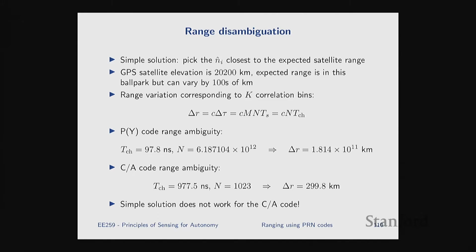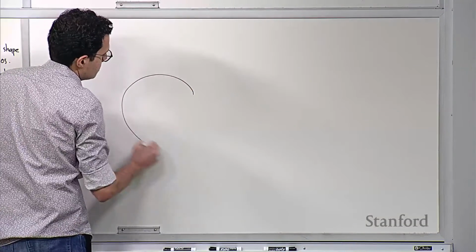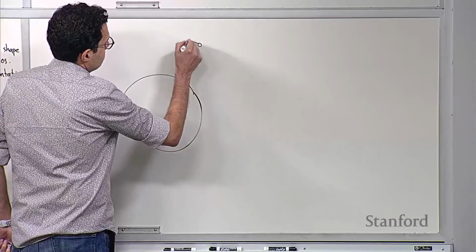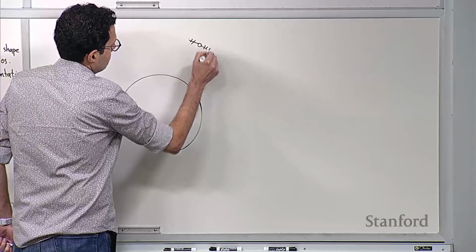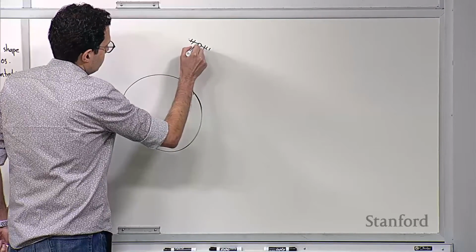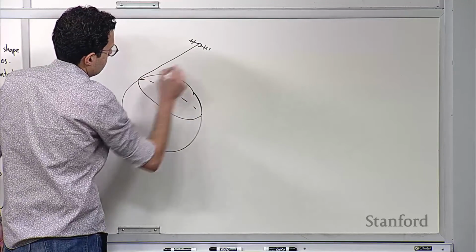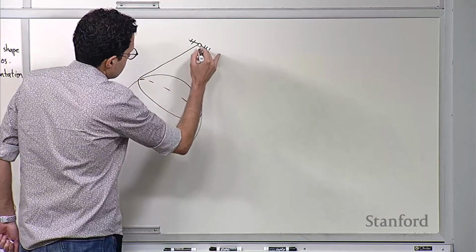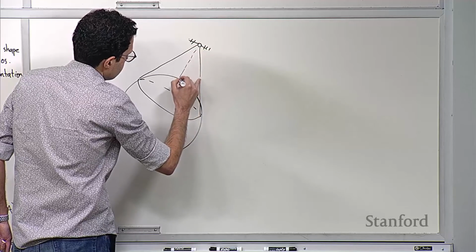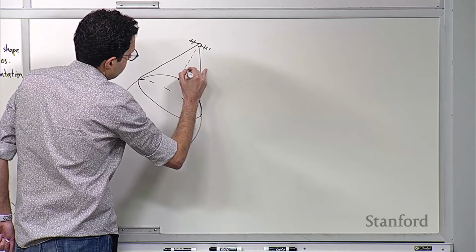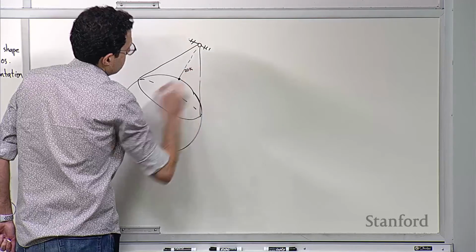So if I draw a picture here for you, let's say this is the Earth, and we have a satellite here. Remember, these satellites cover a very large surface area, with very wide beams. So if your receiver is directly under this guy, then you're 20,000 kilometers away.